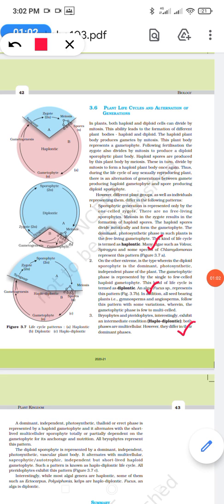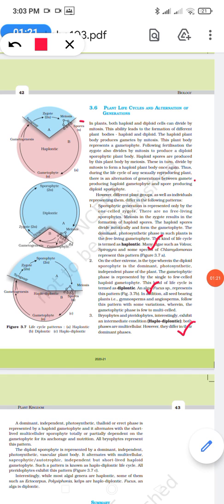Now coming to the haplontic types of plants, here the sporophytic generation is represented only by the one celled zygote, and there is no free living sporophyte. Meiosis in the zygote results in haploid formation.